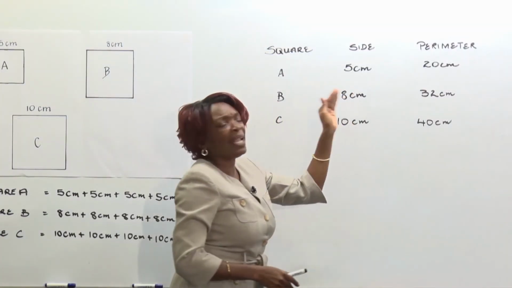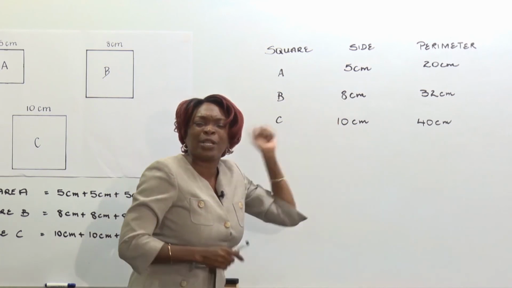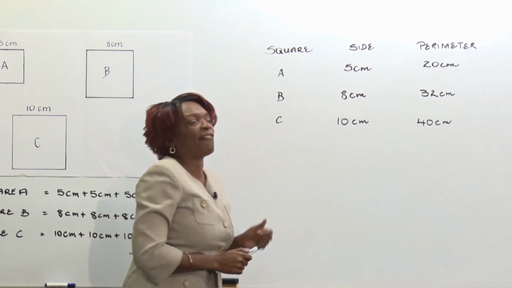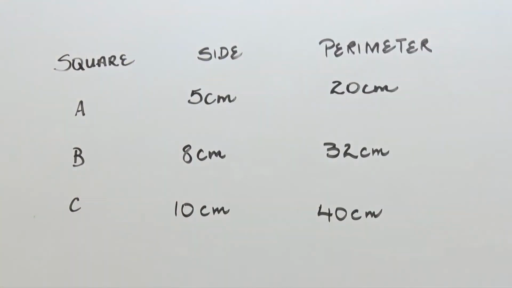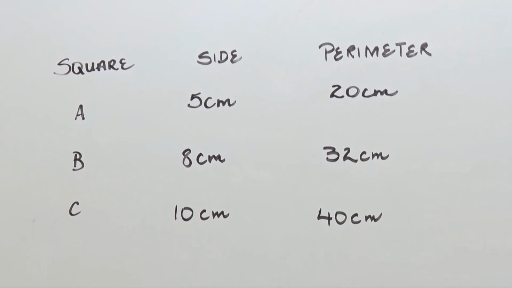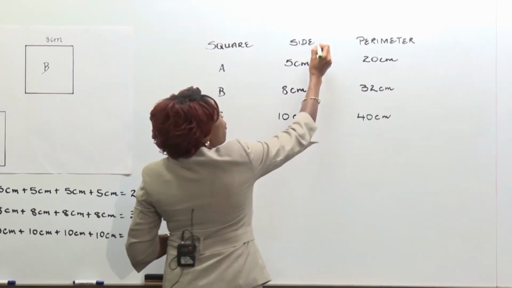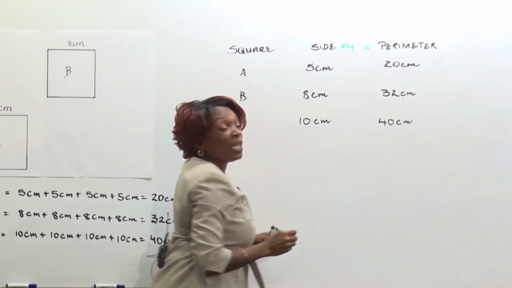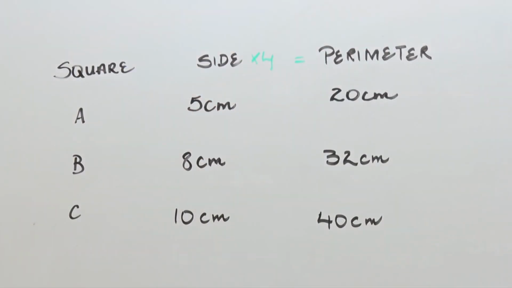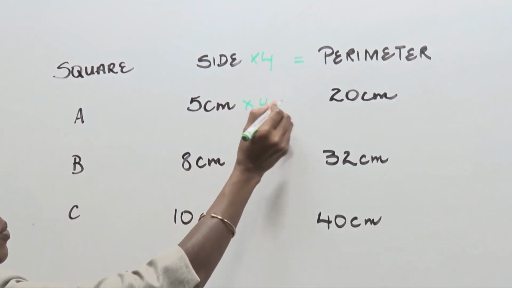Can we apply the same rule to all 3 to get a pattern? Look carefully. Are you seeing it? I am. What if we say we multiply the side by 4? If we multiply the side by 4, will we get the perimeter? Let's try it. 5 centimeters multiplied by 4 will give us what?